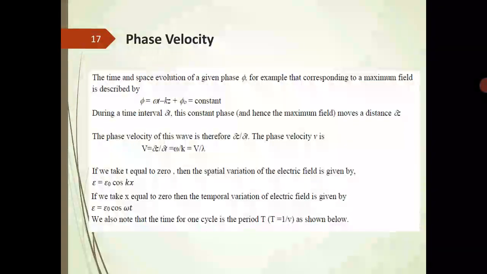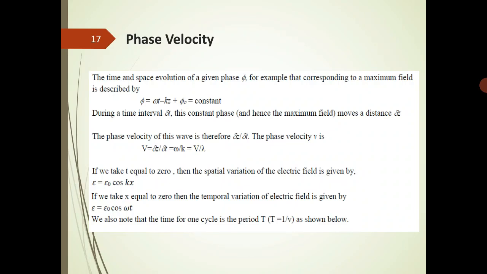So I can establish the relationship of phase velocity with respect to the sine wave at a maximum field. So v is equal to del z divided by del t, where both are position and time. So rearranging, omega by k is equal to, substituting the values, v equals lambda times f.